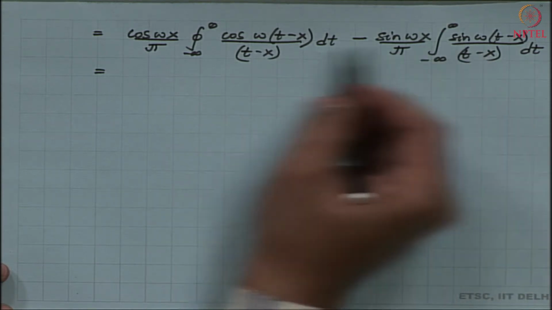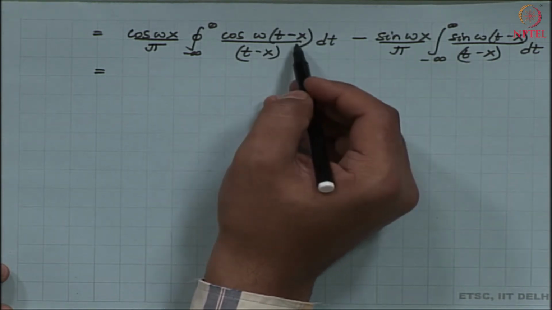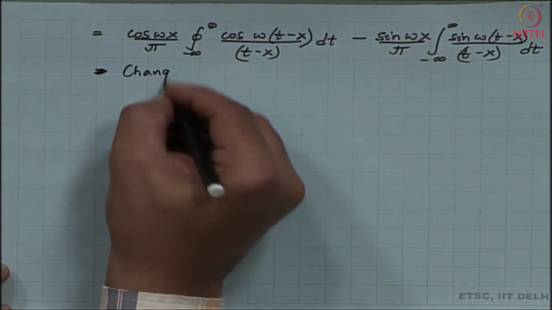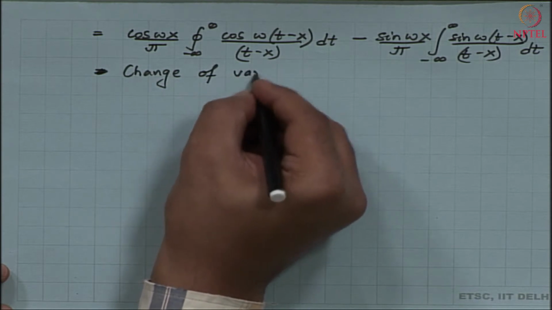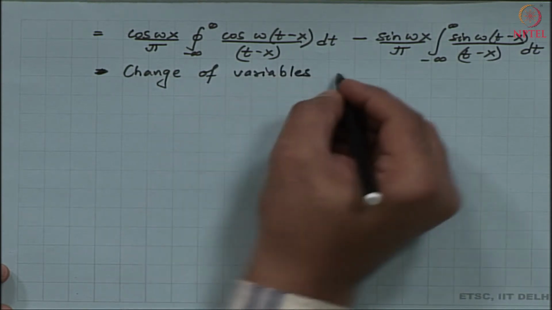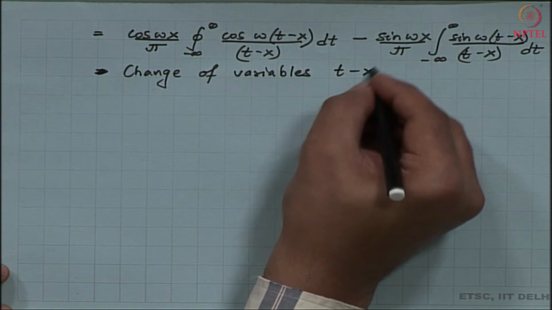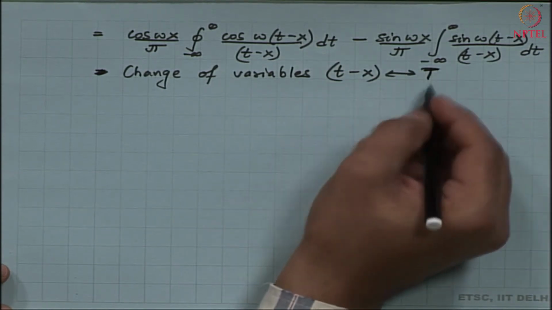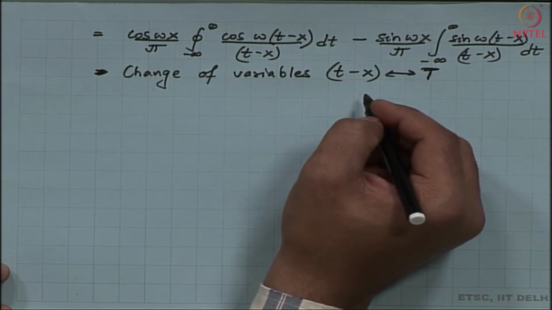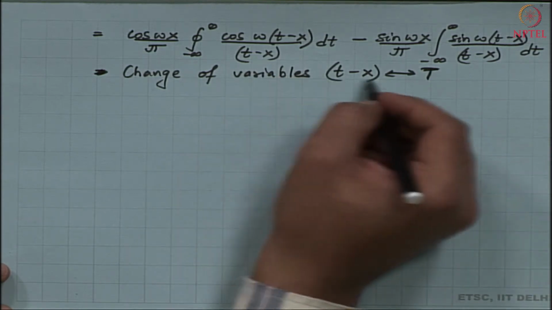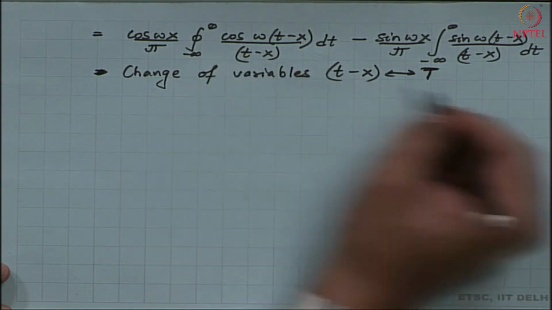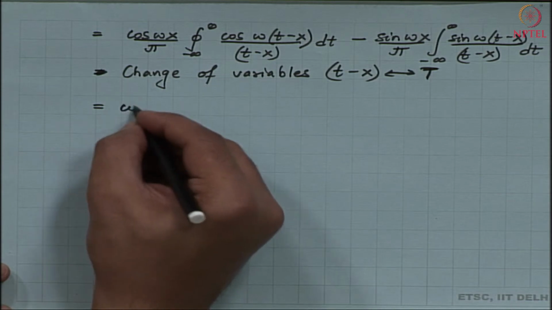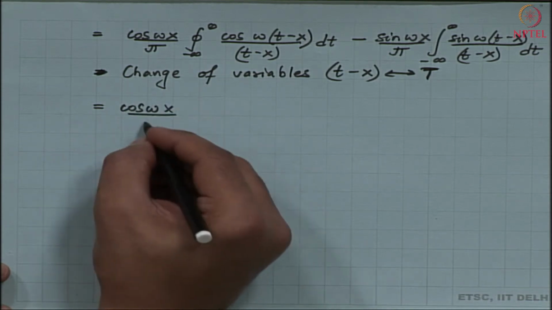In both these integrals we see that the variable t minus x is appearing. So, let me use a change of variables. I change my variable t minus x to another dummy variable, let us say capital T. When t minus x goes from negative infinity to infinity, my new variable also has the same limits.